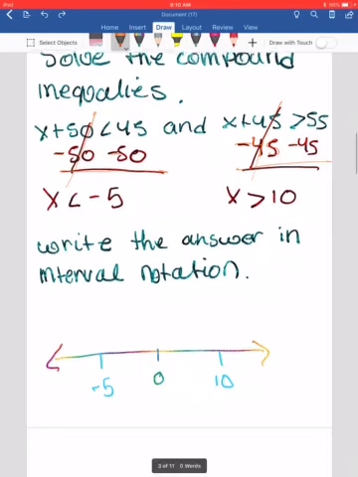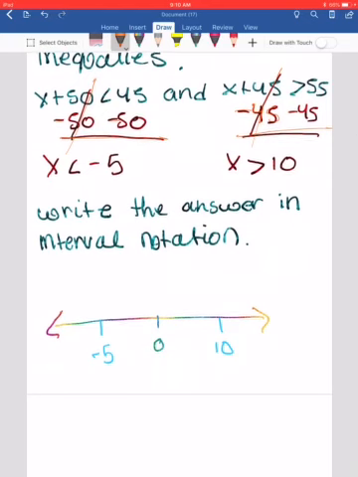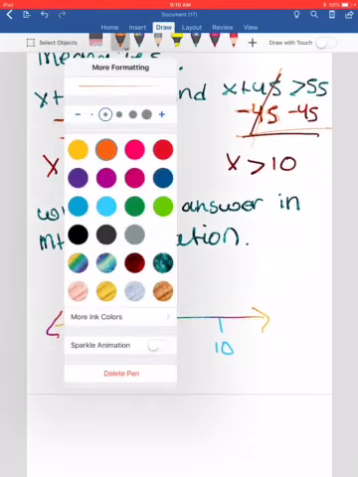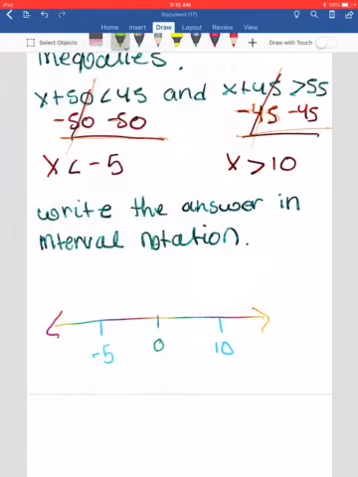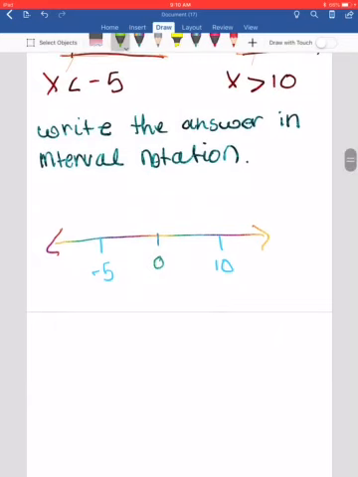Then we're going to write our answer in interval notation. Please note that we are dealing with an AND statement. An AND statement means that they are looking for where both lines intersect. Where do the answers intersect?